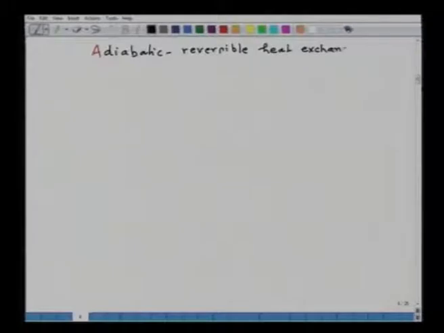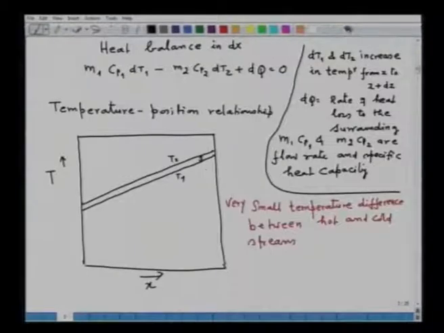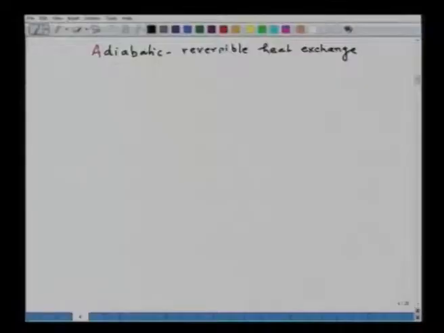Now, this situation shown in this figure is possible only when the heat exchange process is adiabatic as well as reversible, because in a reversible process no heat losses occur at any point in the flow passage, and thermal equilibrium is maintained. So, that is what you get if you consider a so-called adiabatic reversible heat exchange, and this adiabatic reversible heat exchange is 100% efficient in operation.